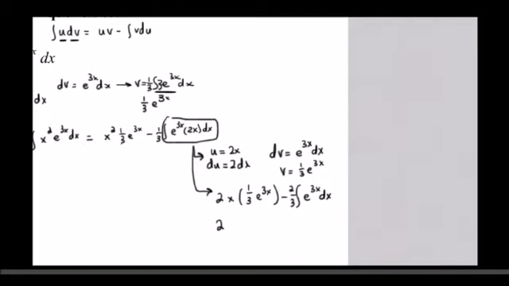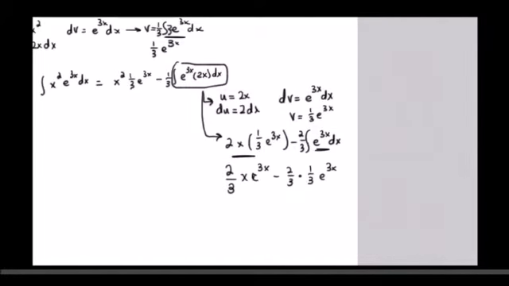So I'm just simplifying this. 2x times 1/3 is 2/3 x e to the 3x minus, now the antiderivative, again, this is the third time now we've done it. The antiderivative of e to the 3x is 1/3 e to the 3x. So we've got 2/3 times 1/3 e to the 3x.